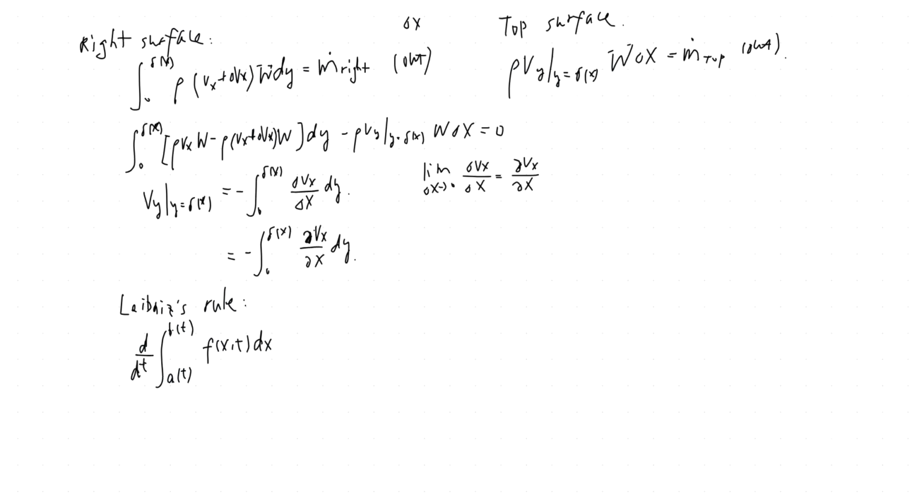First of all, you can do the partial derivative, partial f partial t. And then you need to consider the contribution of the boundary. So now you need to add the function f evaluated on the upper limit.